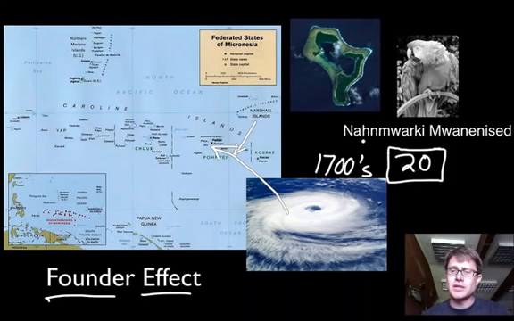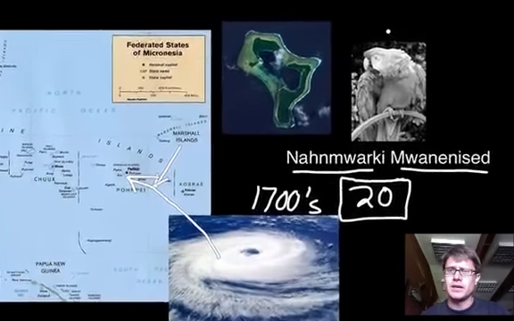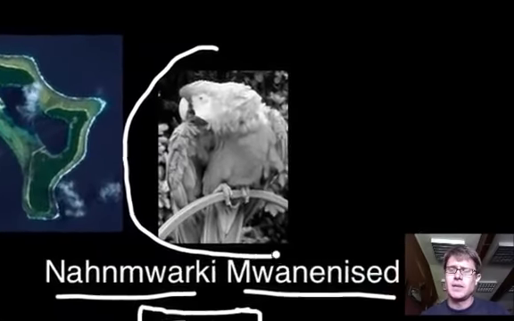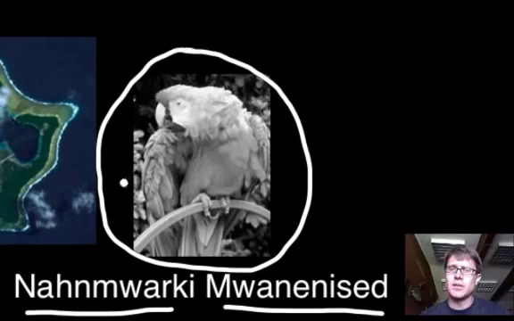Now what's interesting is that the leader of Pingelap, I'm not going to try to pronounce his name, one of these 20 survivors, actually had an odd form of colorblindness where he had complete colorblindness. In other words, when he looked at a macaw like this, he sees it in grayscale, couldn't see any color at all. This is really rare. Something like 1 in every 33,000 people in the United States have this.